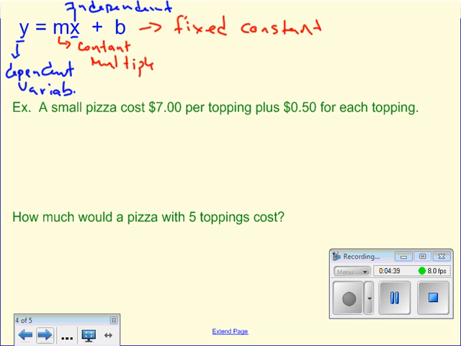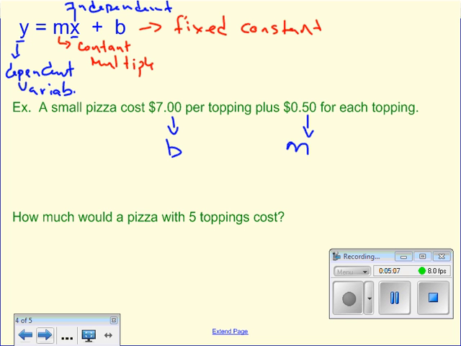So let's take this for example. I have a small pizza and it costs $7 plus 50 cents for each additional topping. In this case, my fixed cost, my b, is $7. And my m, or my constant multiple, is 50 cents.